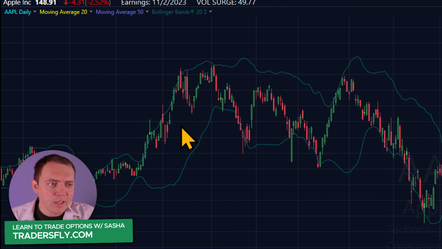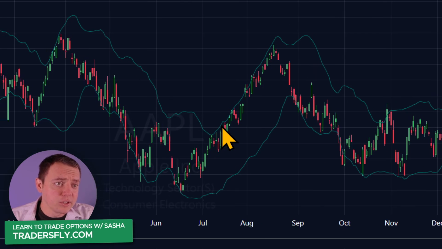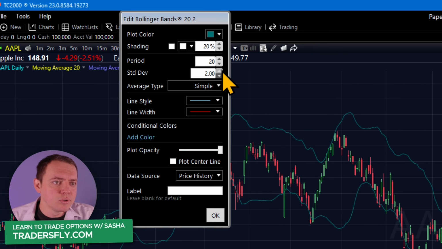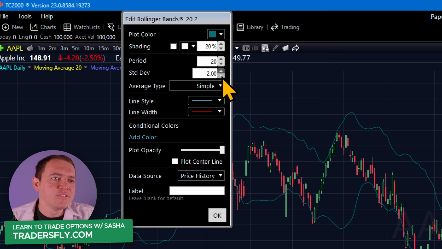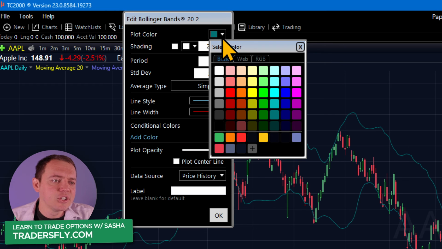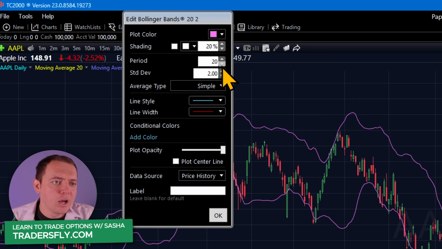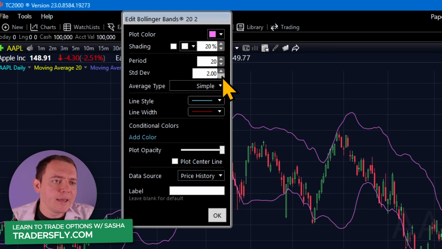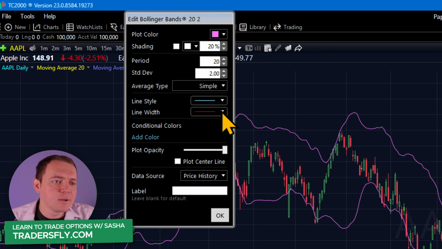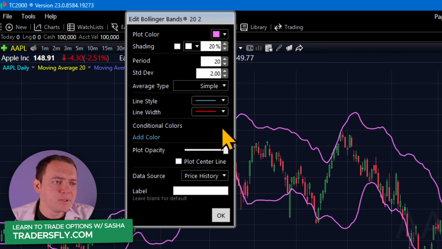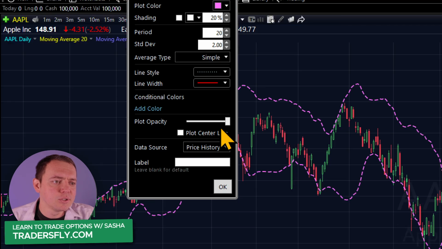Actually, they're right there. This is a weird, funky looking indicator. The way you can customize it is with a standard deviation. What this does is it takes the standard deviation, or an extension of moves. We'll do a period of 20 and leave it like this. I will also switch it to a little thicker and dotted so you can see it.